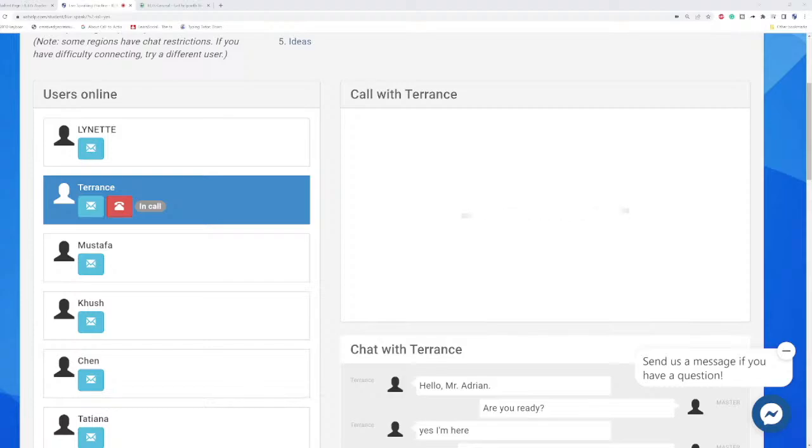Sounds like you picked up, but I don't hear any sound from your end, so I'm not sure if your microphone is enabled. Students, make sure that when you open up this function of the website, when you have a pop-up window, click Enable Microphone. If you've got pop-up blockers, you have to disable them.